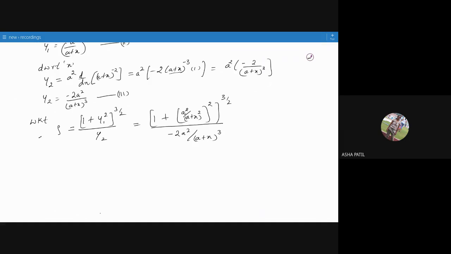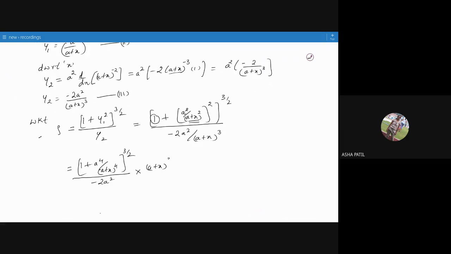Now let us take LCM in the numerator. So we'll get (a + x)² into 1, we have (a + x)² but it is again raised to, let me write it as 1 + a⁴ divided by (a + x)⁴, whole raised to 3/2, whole divided by −2a².